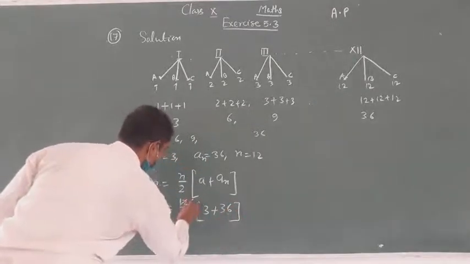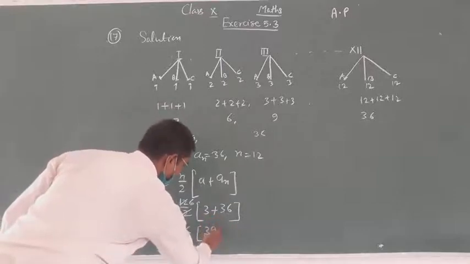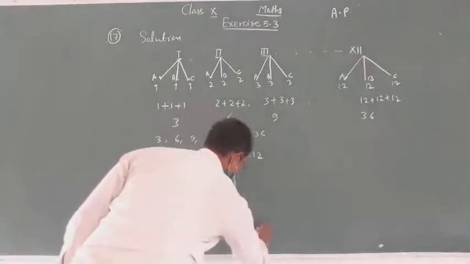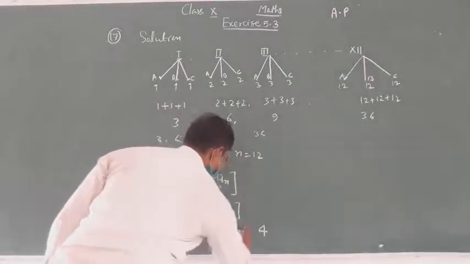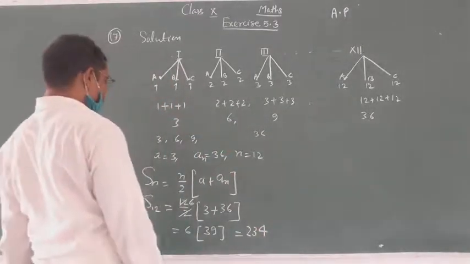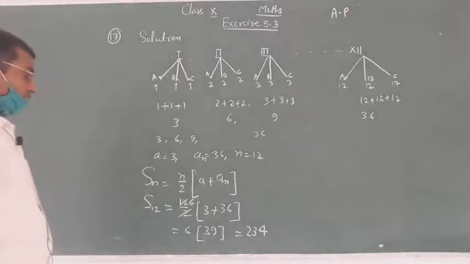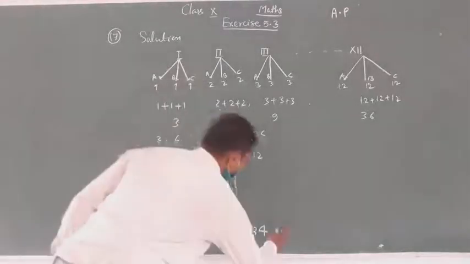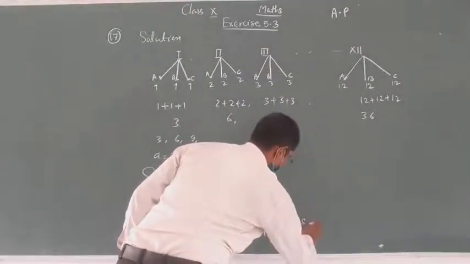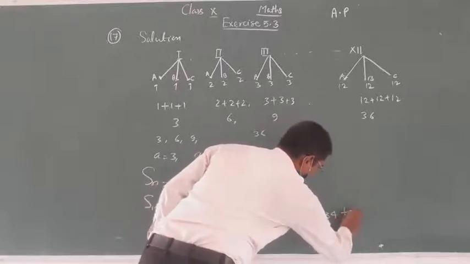So 6 into 39, which is 234 trees planted by all classes. So the answer is 234 trees.